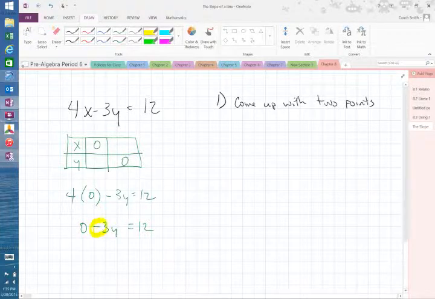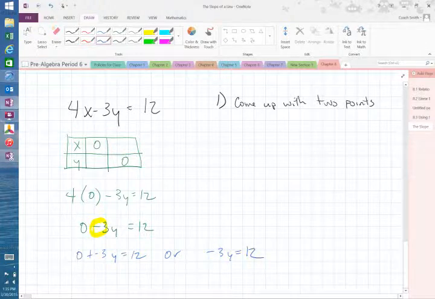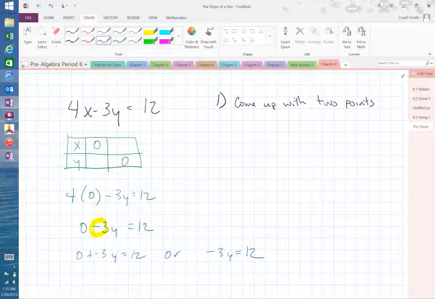You've got to see that minus sign in the front of the 3, you've got to see it like this, or you just have to know that that's negative 3y equal 12. Whichever way you can see it, visualize it, that's what you have to do.